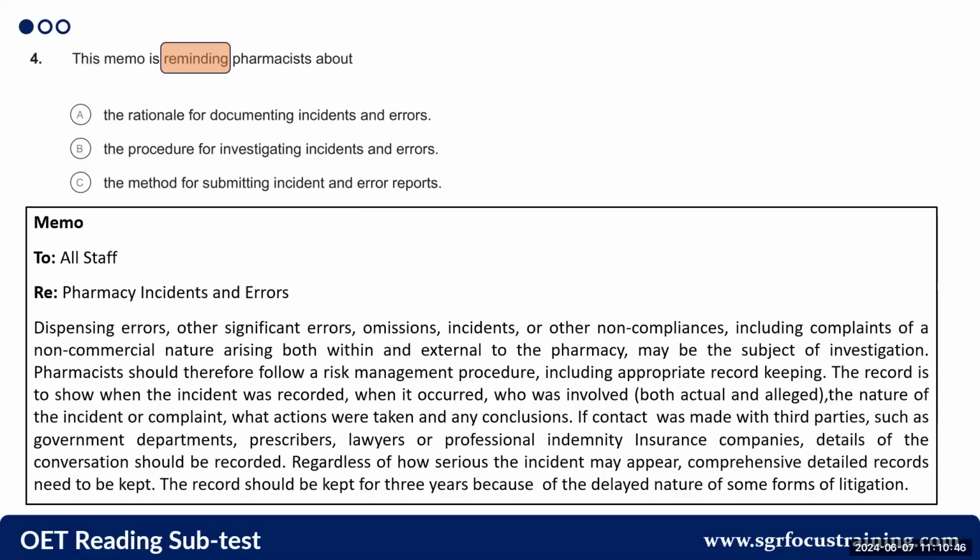Right. Okay. So, the question is asking: this memo is reminding pharmacists about. And we can see that it shows us an extract of the memo. This memo is for all staff, and this is regarding pharmacy incidents and errors.